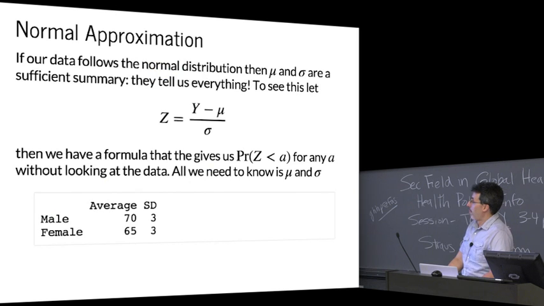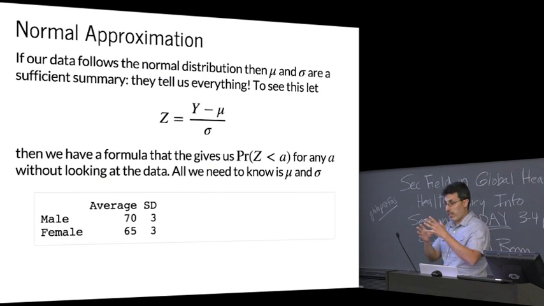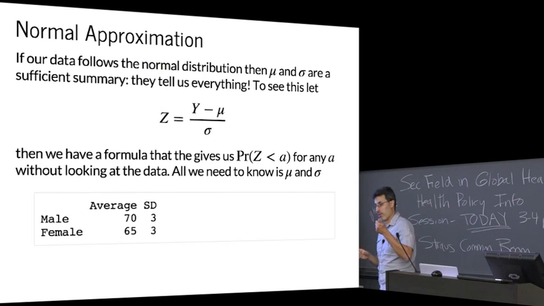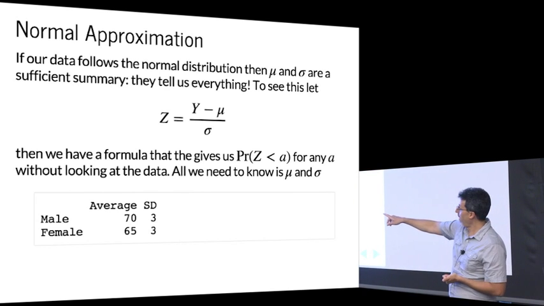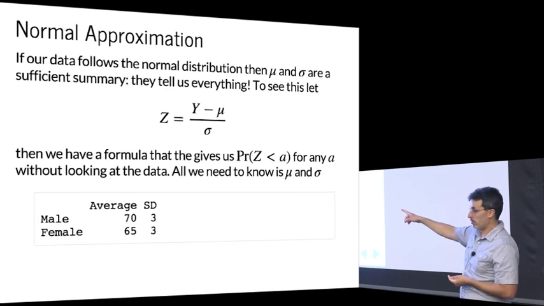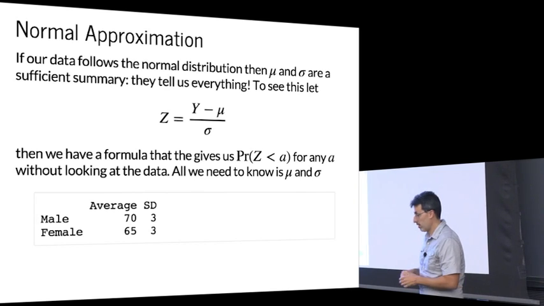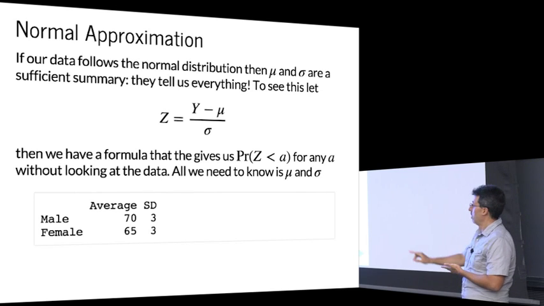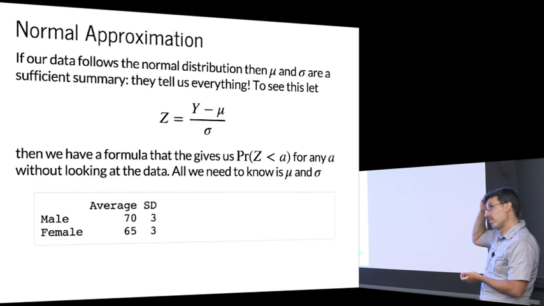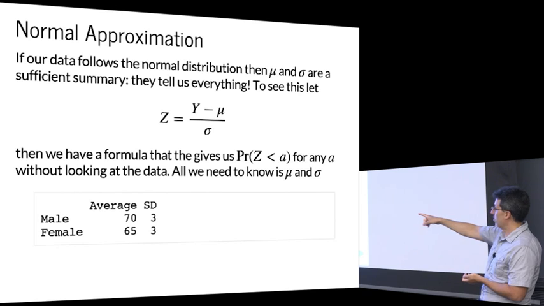So if we take that list of numbers and I report the mean, for men it was 70, 5'10", and the standard deviation is 3. It's very, very easy to compute in Python. For females it was 65 inches, that's 5'5", and 3 standard deviations as well.